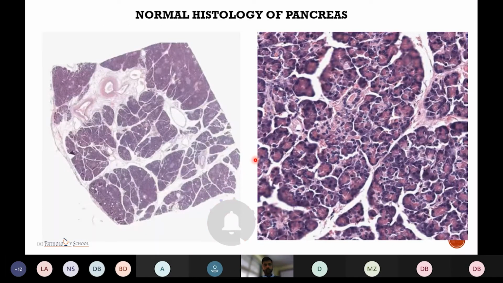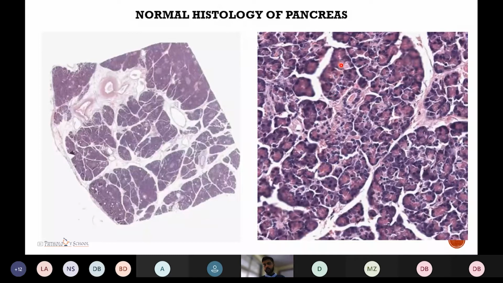So this is the low power view of the pancreas showing lobulated appearance. Now this may look similar to any exocrine gland, just like our parotid gland or submandibular gland. As you can see, multiple acini are divided by connective tissue septae. So it has a lobulated architecture, and these are the acini which are present.